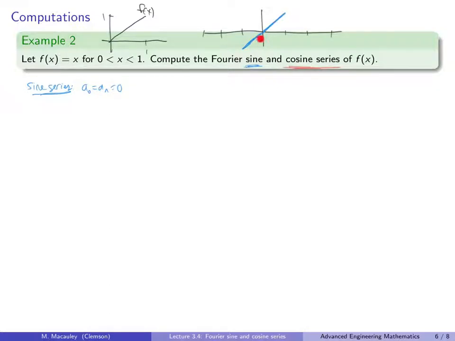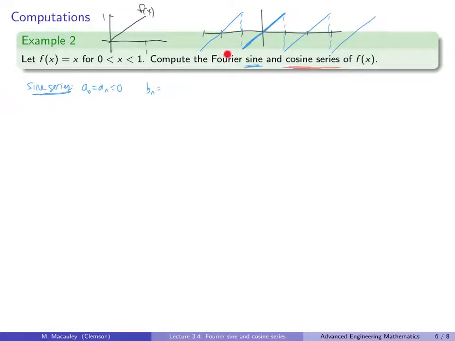Or just force it to have odd symmetry. And now this is the window that we're going to copy-paste indefinitely. So we put that there, and we put that there, and we get a sawtooth wave. We've actually done something just like this on the previous lecture, or was it the lecture before? It was fairly recently.